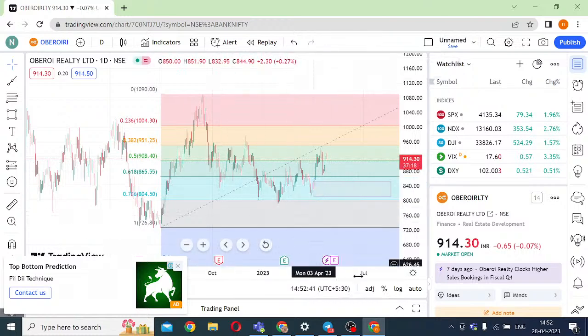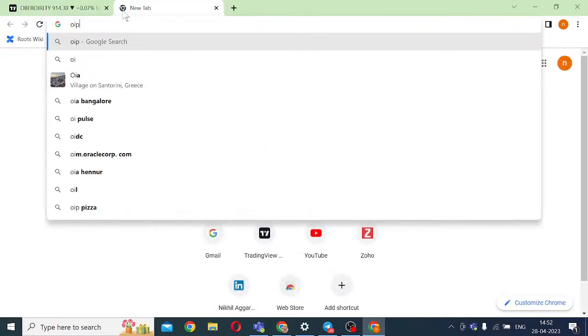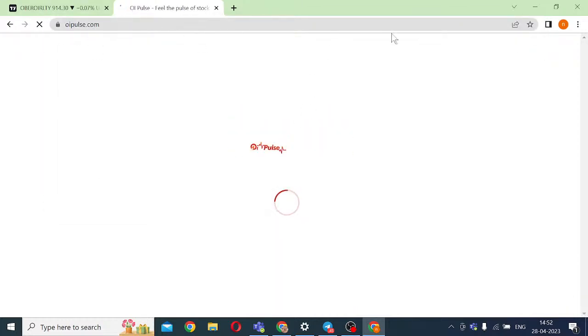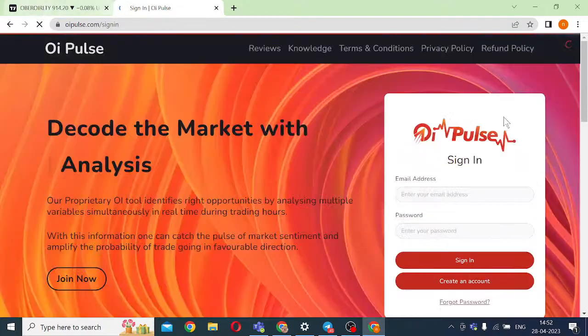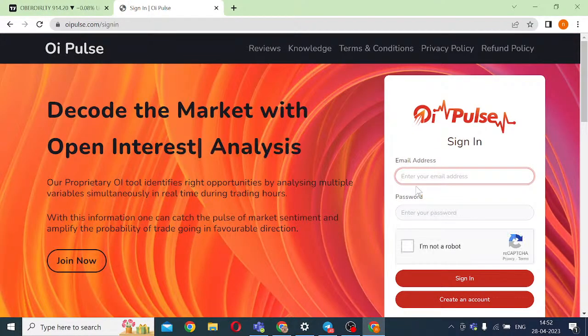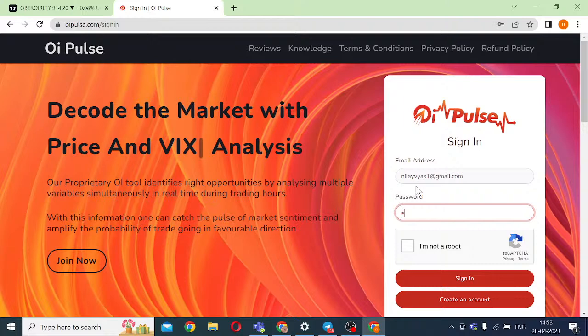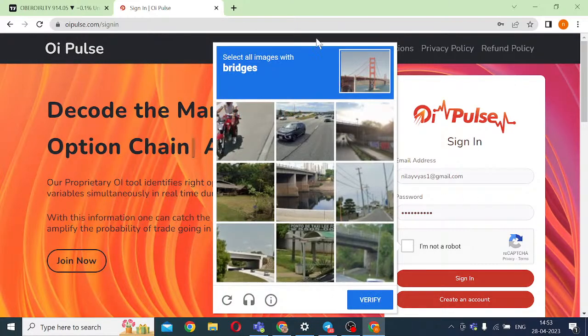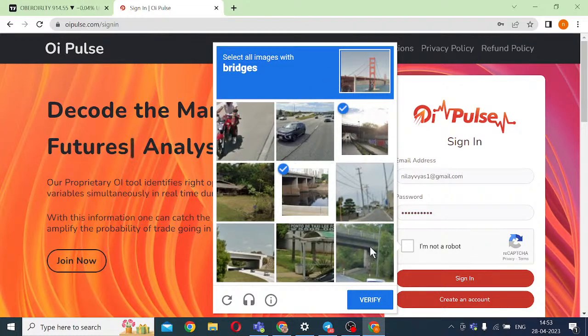Why so less premium in Bank Nifty at the start of the new series? Simple, VIX is very low. See, I'll just try and open the... just give me a minute.